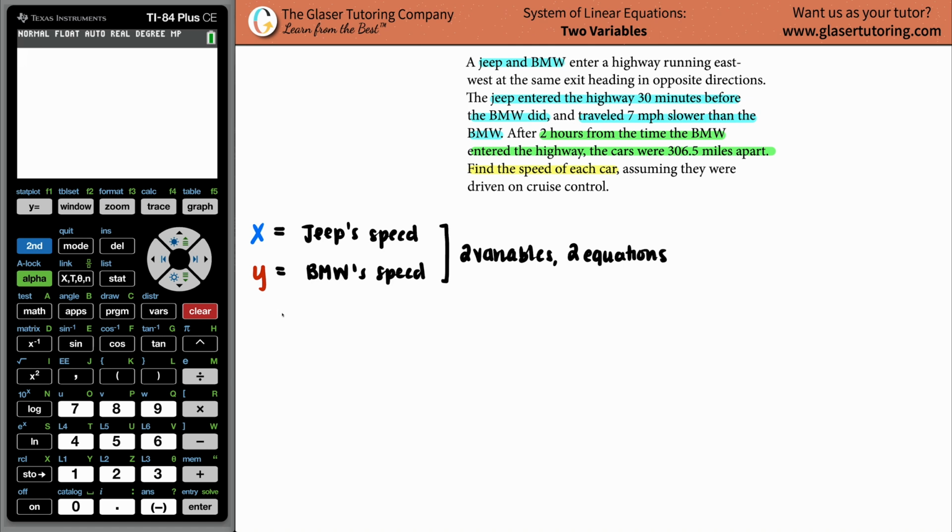So in this case, let's find the two equations we could make up. The first one, I see it right here. They said the Jeep traveled 7 miles an hour slower than the BMW. So maybe we'll start off with that. We said that the Jeep was the X value. So we'll say equation 1.